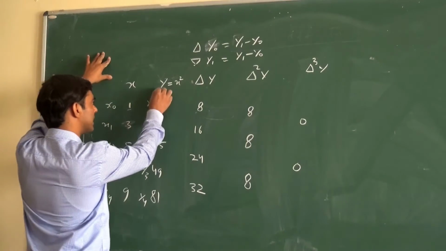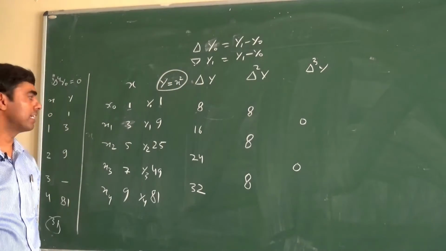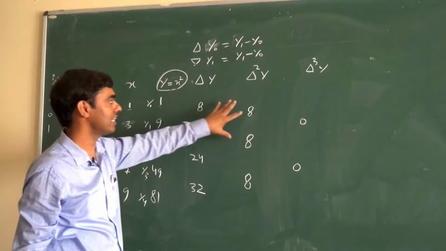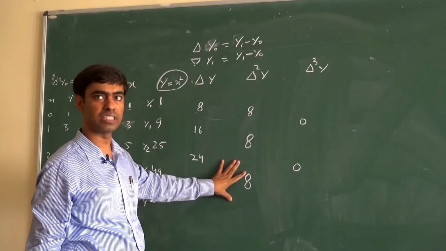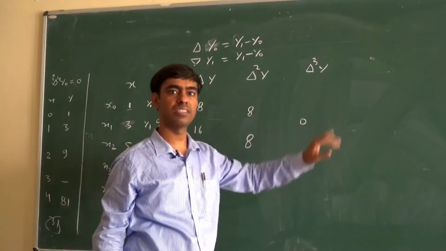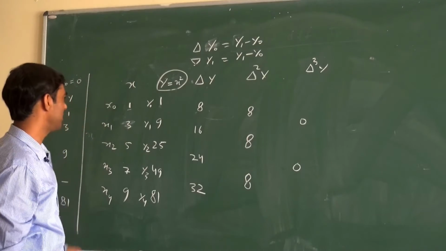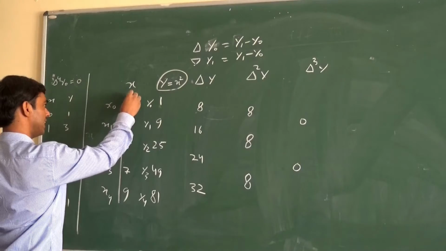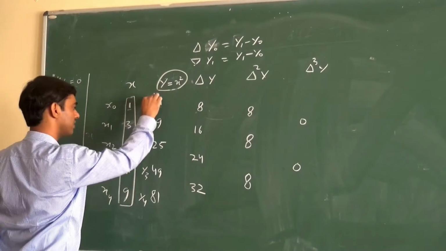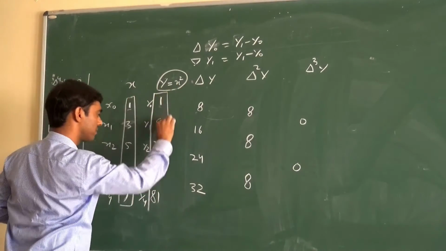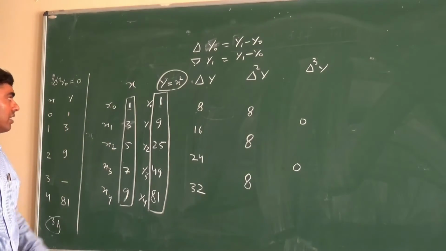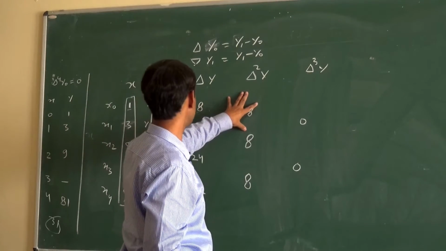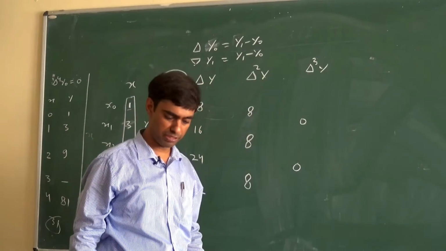Now, here is one very important property of this difference table, or this forward difference. This one is a polynomial of degree 2. If the data satisfy a polynomial of degree 2, then the second difference becomes constant, and third onwards, all other differences become 0.